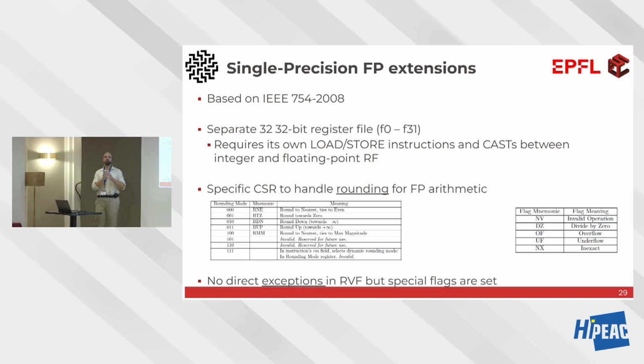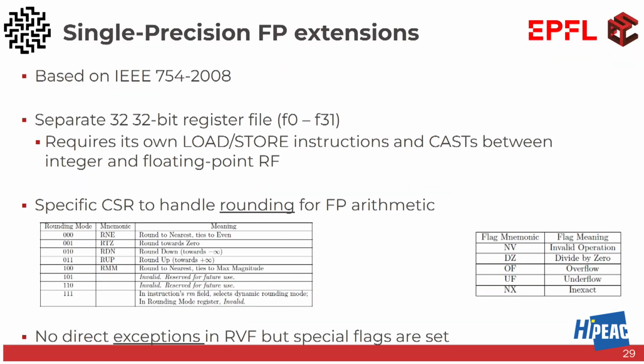Now, we said before, floating point register file is separated from the integer one. Cool. So that means that I need extra instructions to move data to that register file. Correct? How do I move a floating point number from memory to this register file? Can I use the normal load and store?